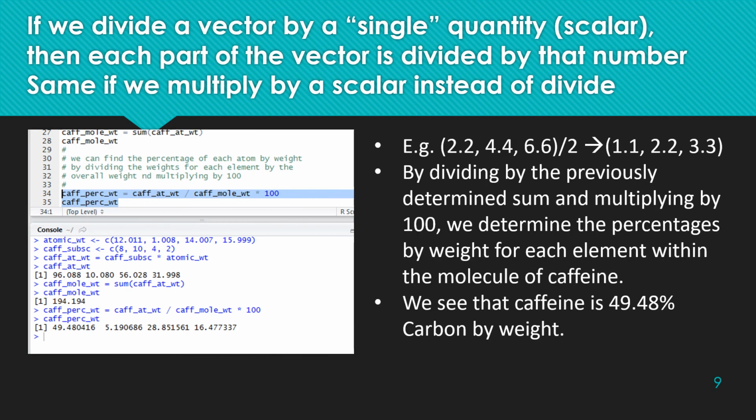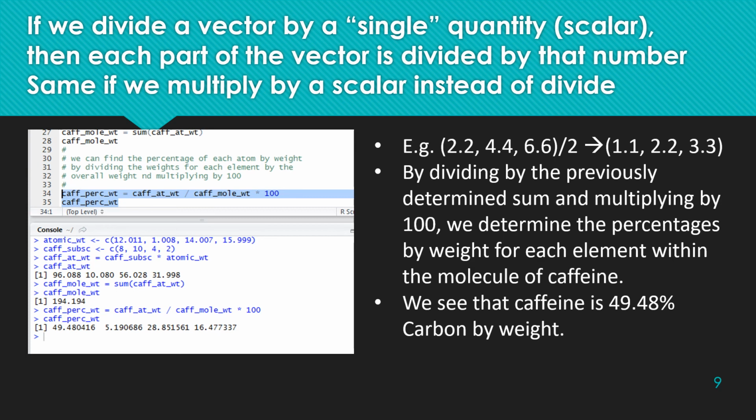So in the next line of executable code, 34, I have caffeine percent weight, that's something new, equals caffeine atomic weight divided by caffeine molecular weight times 100. The caffeine atomic weight was a vector, and the caffeine molecular weight was a scalar. And so the vector is a set of 4 things, whereas the scalar is just one thing. And then I multiply by 100 and assign it to this new thing, caffeine percent weight.